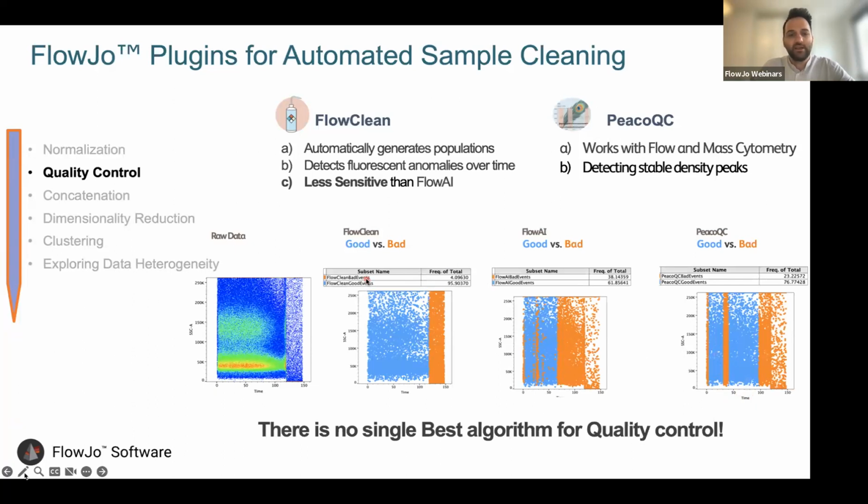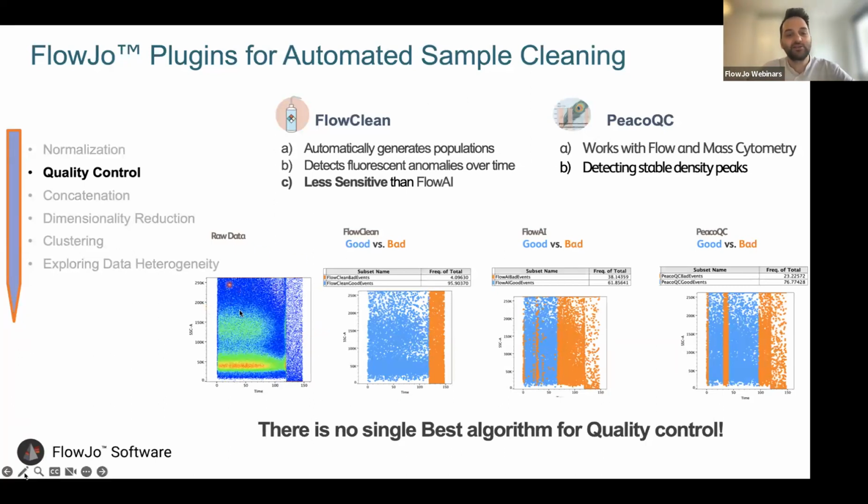So basically, each different algorithm will work slightly different. So there is no best algorithm for quality control.